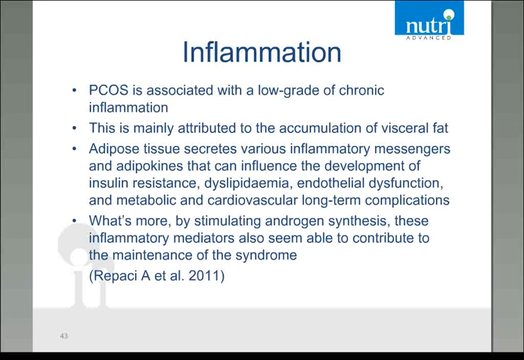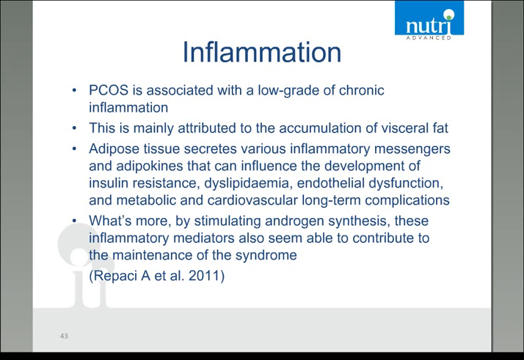PCOS is associated with a low grade of chronic inflammation. So remember, chronic is just ongoing. Inflammation is not a bad thing. What's bad is the perpetual cycle of inflammation. So even low grade, it's when it becomes chronic that it is detrimental to the body. Mainly associated with the accumulation of visceral fat. And remember that fat produces its own inflammatory cytokines.